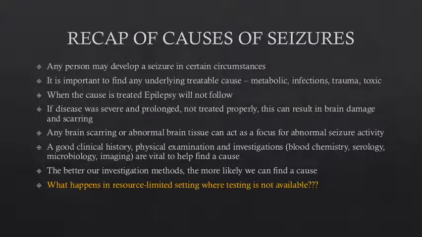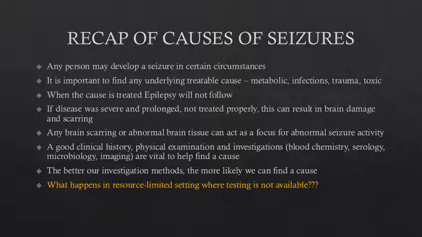Let's do a quick recap of some of the key points from session 2. Any person may develop a seizure given certain circumstances. It's always important to find any underlying treatable cause, such as metabolic, infections, trauma, and toxic.